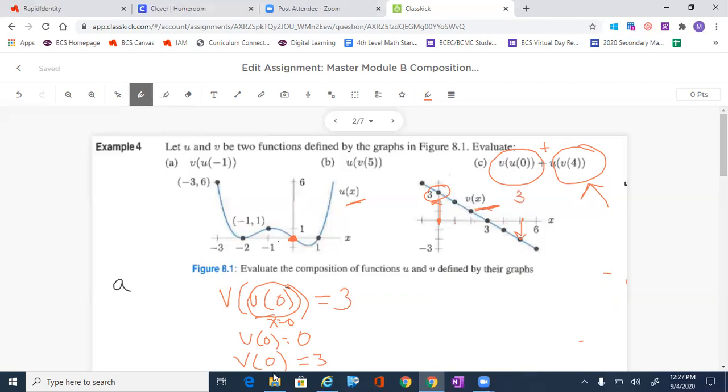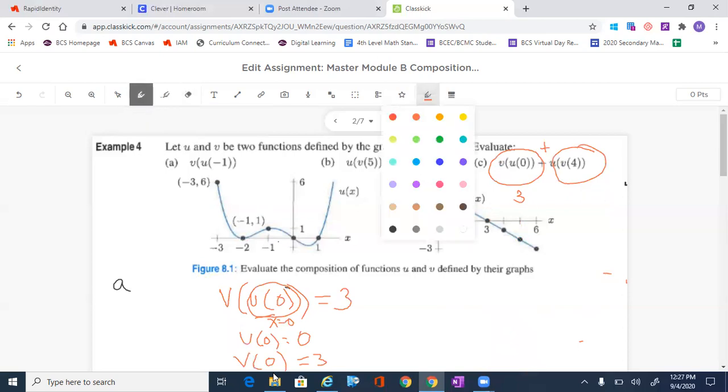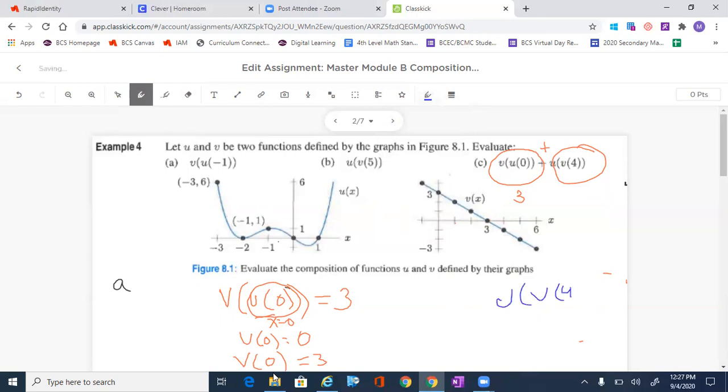Now I just have to figure out the other chunk. Let's go with U of V of 4. I start with X equals 4, but I'm doing that on the V graph. So I go 1, 2, 3, 4, and I go down here and I get -1.